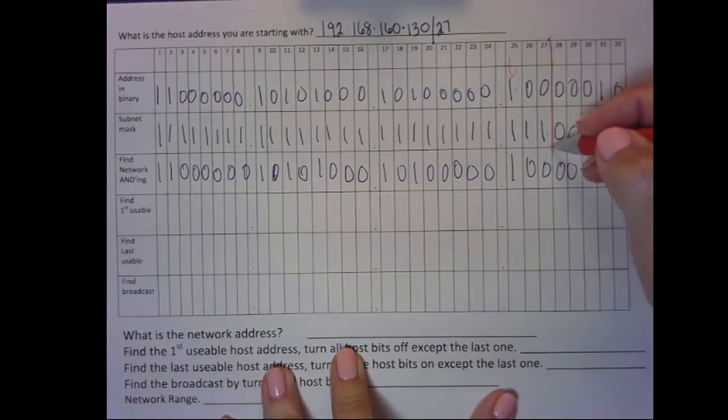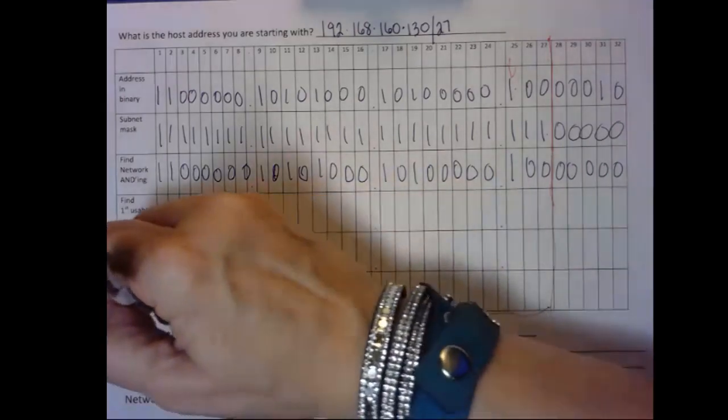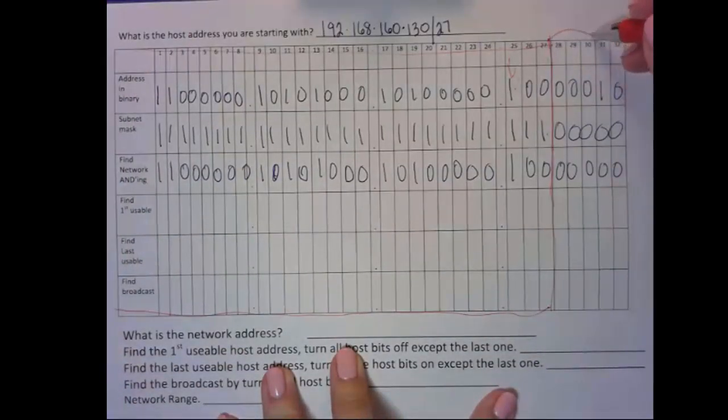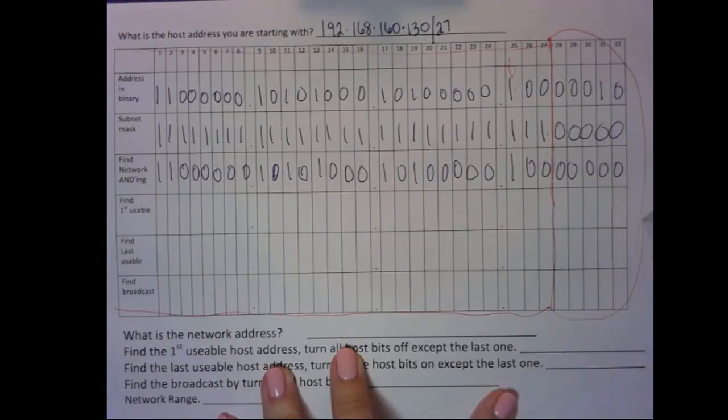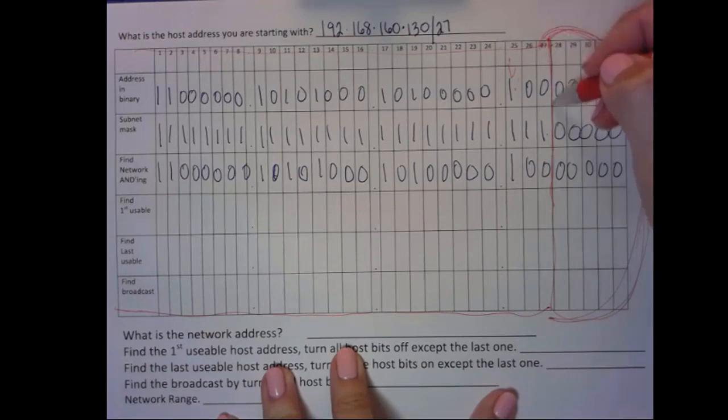So everything over here is going to be part of our network, right? And everything over here, these are our hosts. So these are the bits that we're going to manipulate, is everything over here.